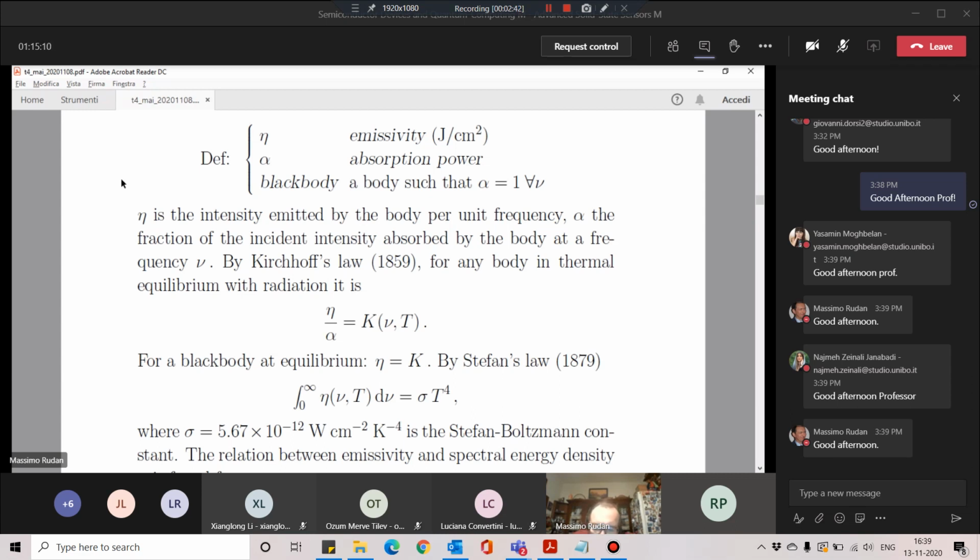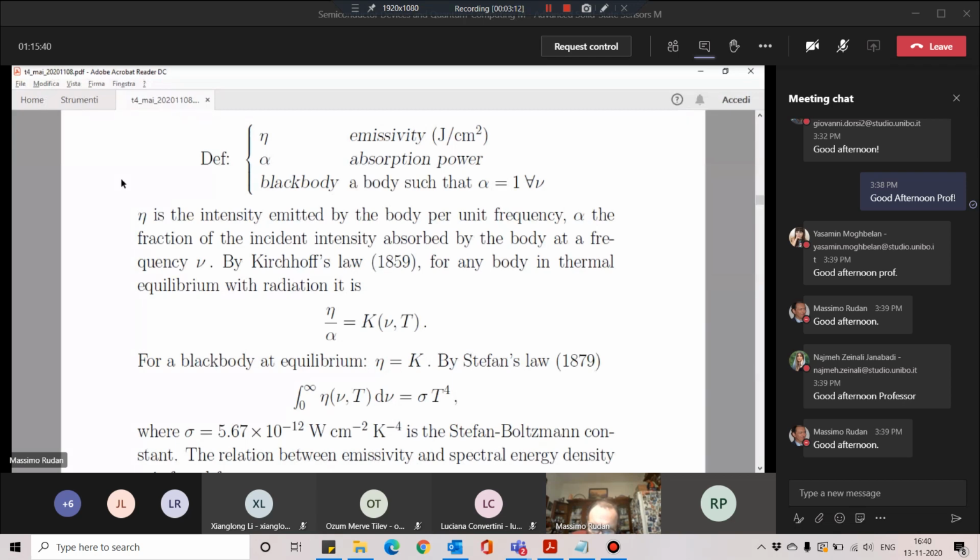In the electromagnetic theory, we can also introduce another important function, that is the spectral energy density. The spectral energy density of the radiation is by definition the energy per unit volume.